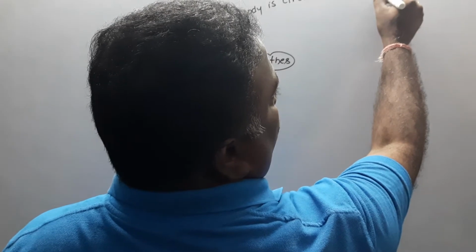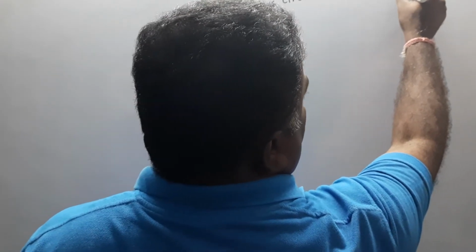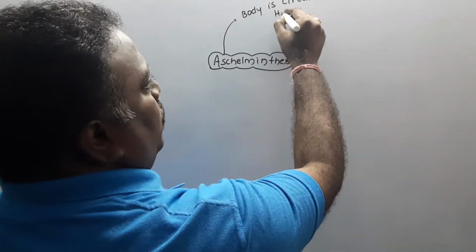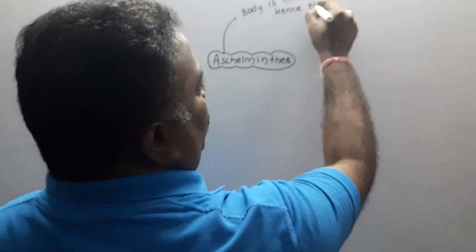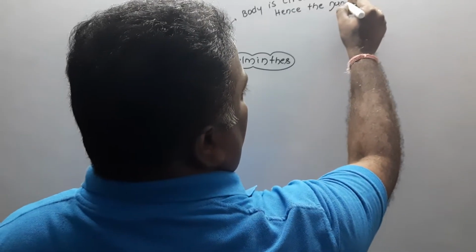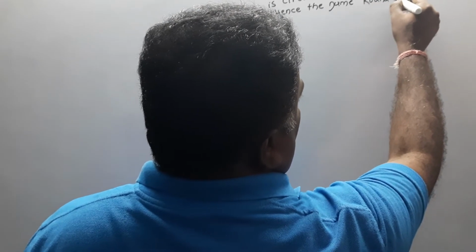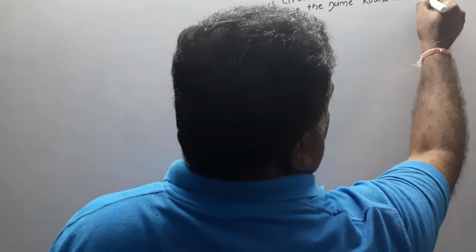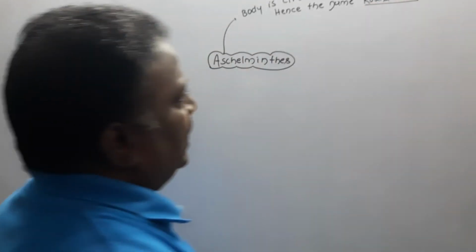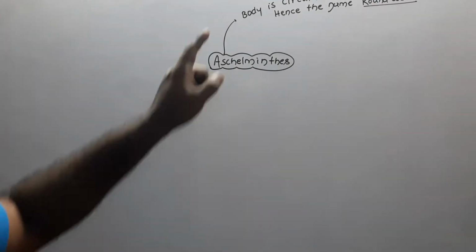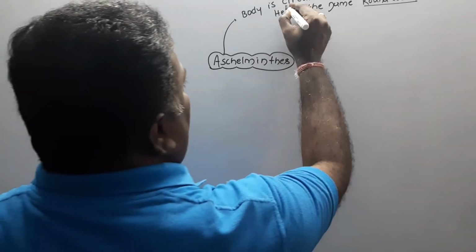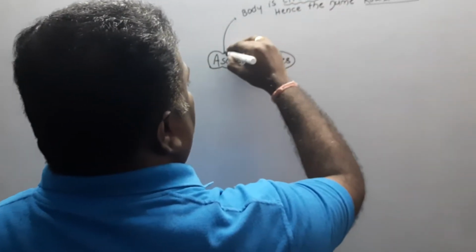As the body is circular in cross section, we call these roundworms, hence the name. So Aschelminthes are commonly called roundworms because their body is circular in cross section.